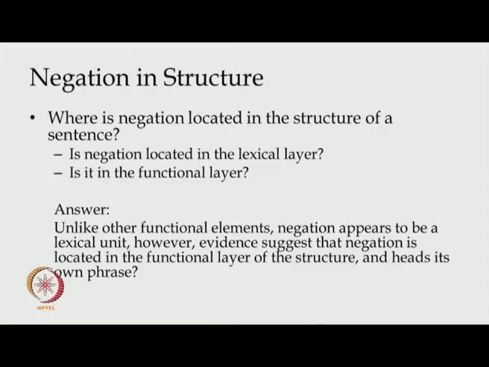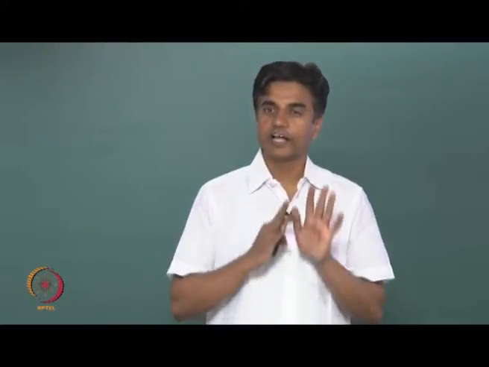And even though it's a lexical unit, what is its abstract representation? Do they belong to the lexical layer of a sentence or to the functional layer? That becomes a broad question at the abstract level where we need to explain this theoretically.